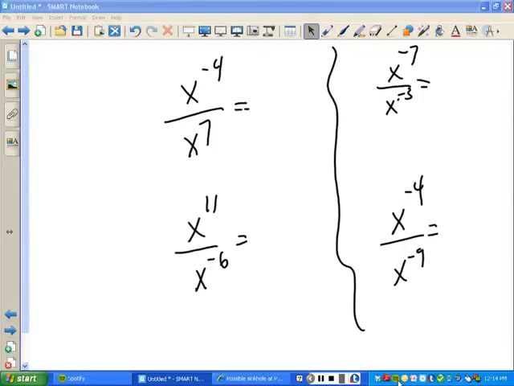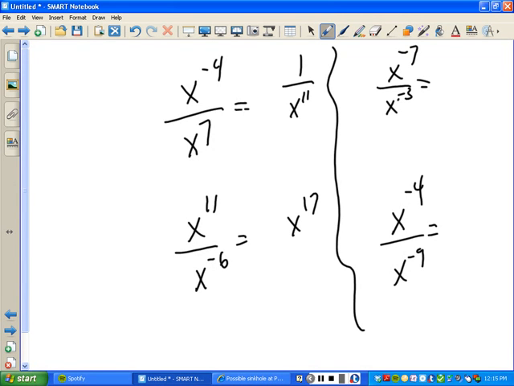So, for the first one, what'd you get? The first one, I got 1 over x to the 11th power. It is 1 over x to the 11th power. The second one I got was x to the 17th power. It's x to the 17th. You could write that as x to the 17th over 1 if you want to. Let me explain it for people watching at home.